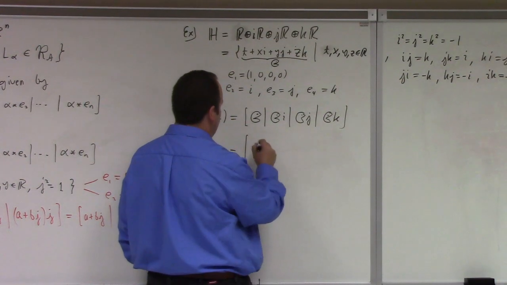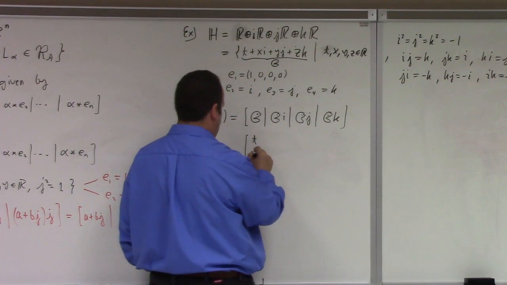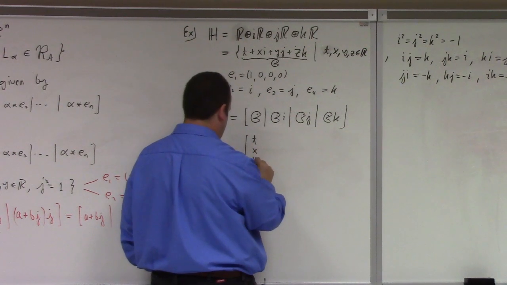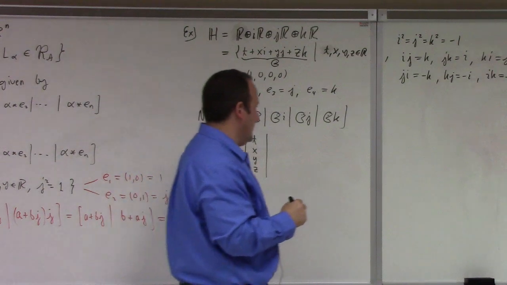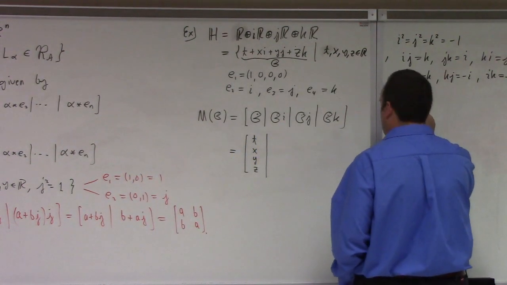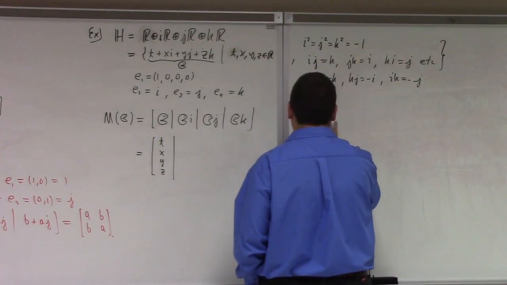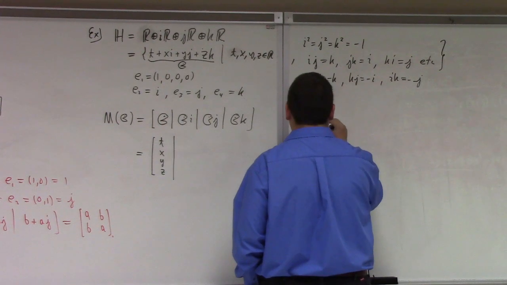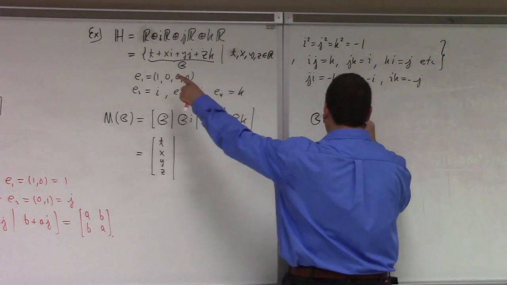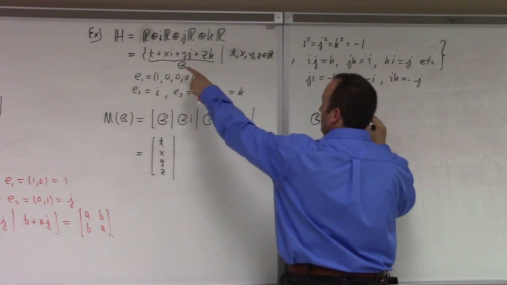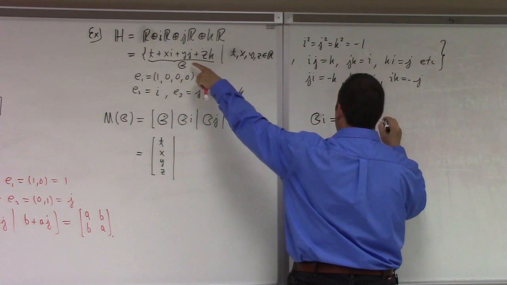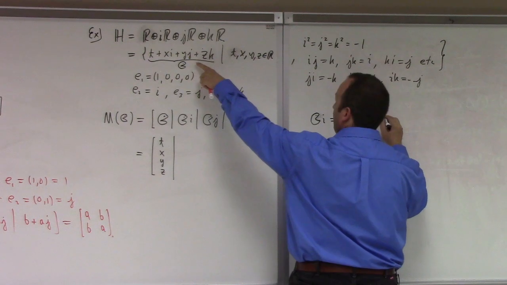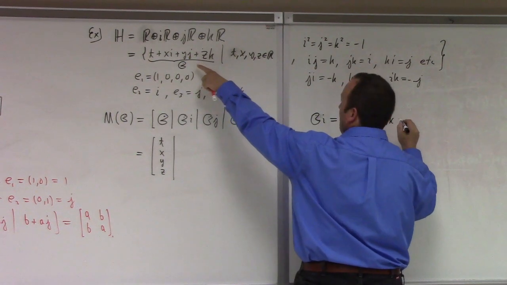So the first column is just t, x, y, z, right? And I'm going to work them off over to the side here, and then just write down the corresponding vector like I just did. Pac-Man times i, what's that going to be? It's going to be ti. What's i squared? Minus x. What's ji? Ji is minus k, right?